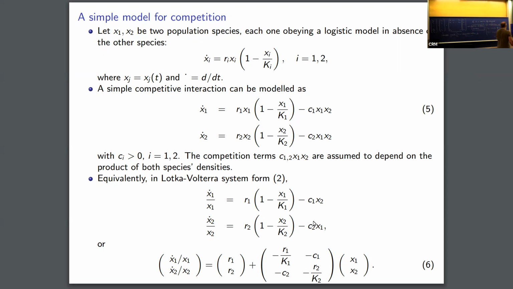Just let me write it in this form, and you can recognize which is the interaction matrix. That is very, very simple. Observe that in this case you can write it in the following form.